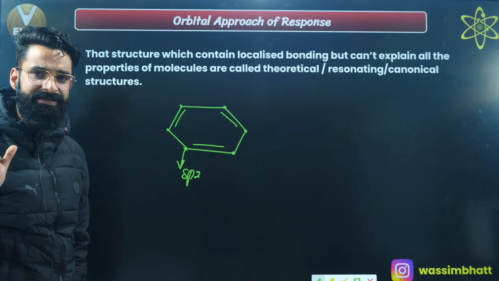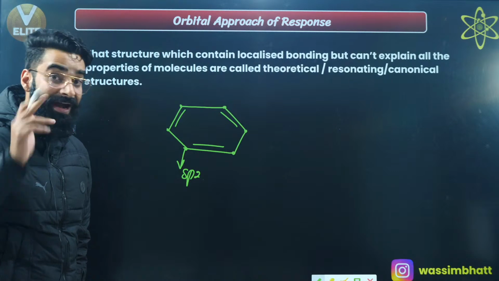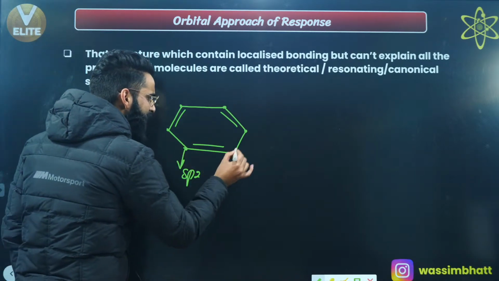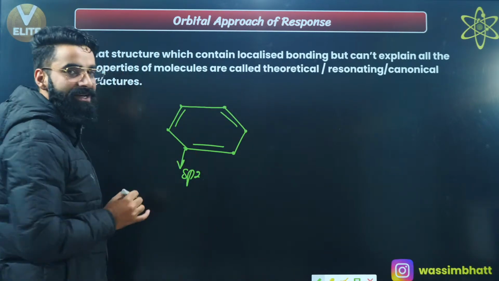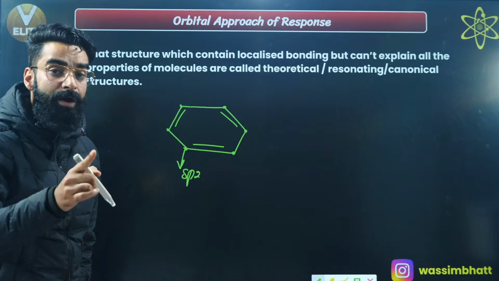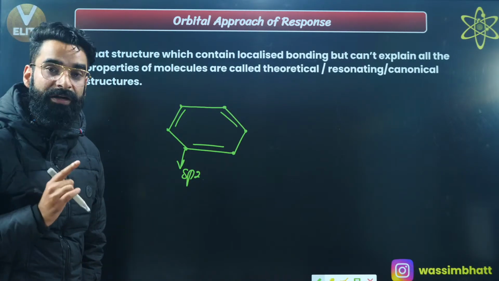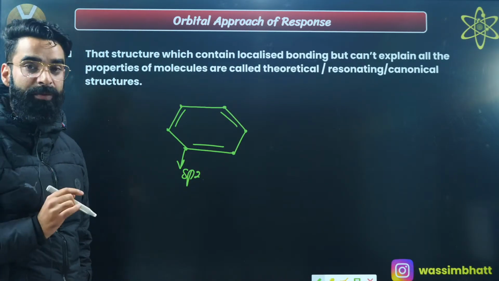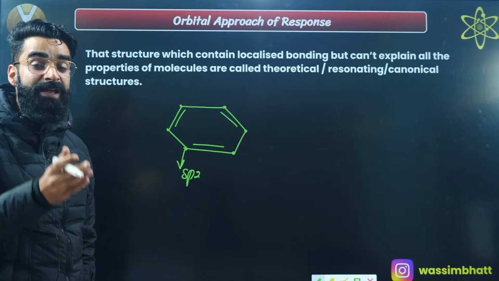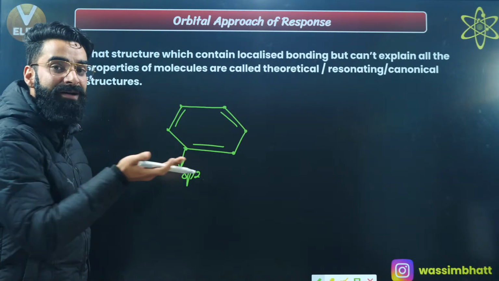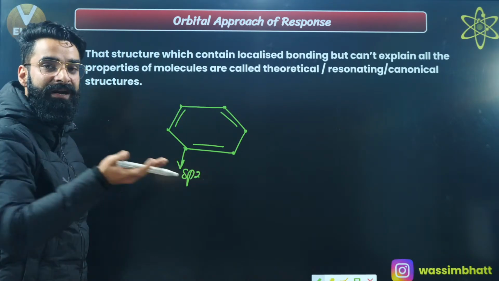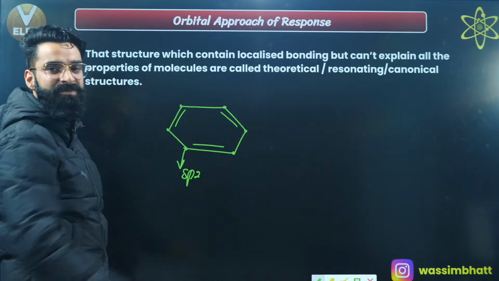If every carbon atom is sp2 hybridized, that means there will be one unhybridized p orbital, which will be perpendicular to the plane containing the sigma bonds in this six-membered ring.